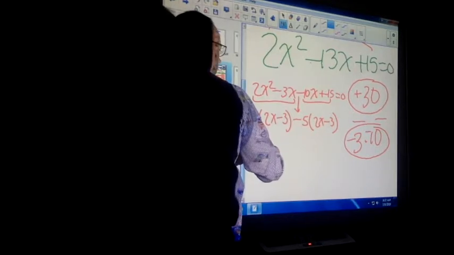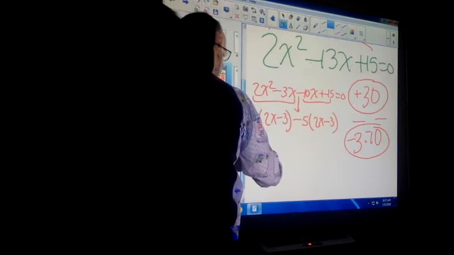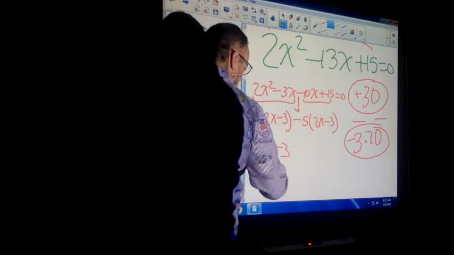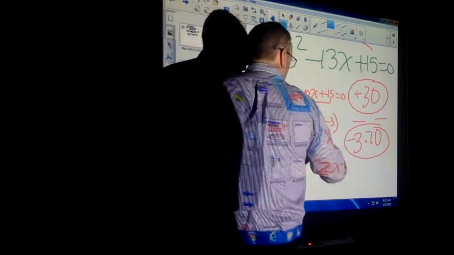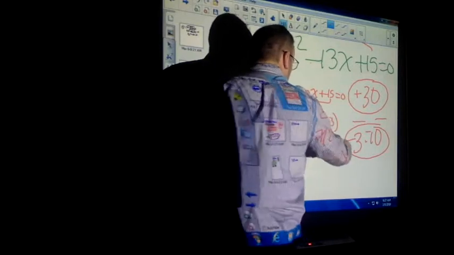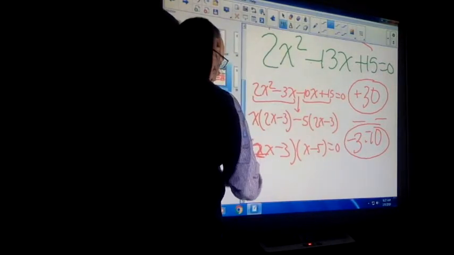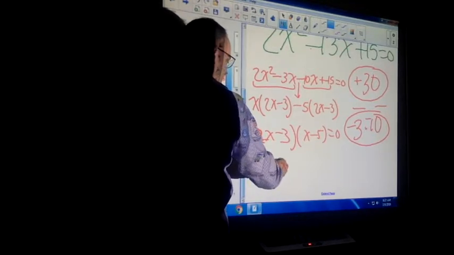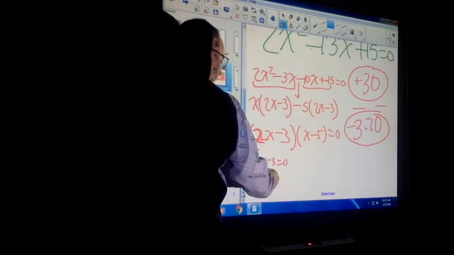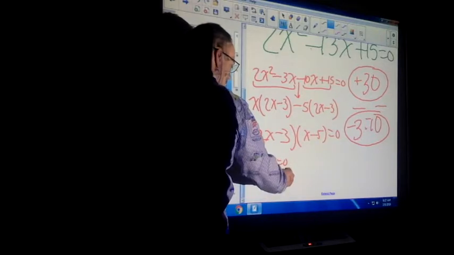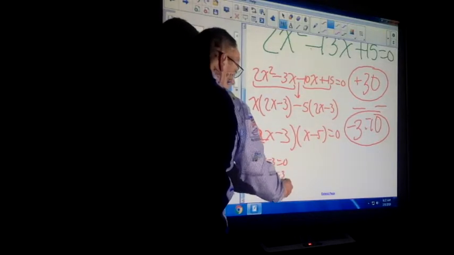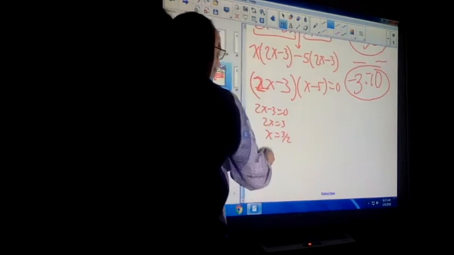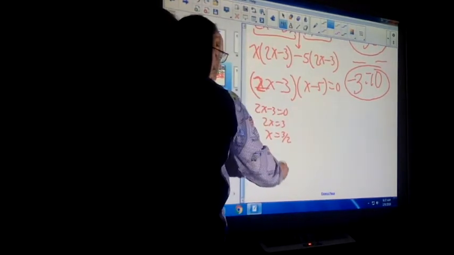So I'm going to get 2x minus 3 and x minus 5. Those are equal to 0. So, 2x minus 3 equals 0. Add 3. Divide by 2. So that gives me the point 3 over 2 comma 0.